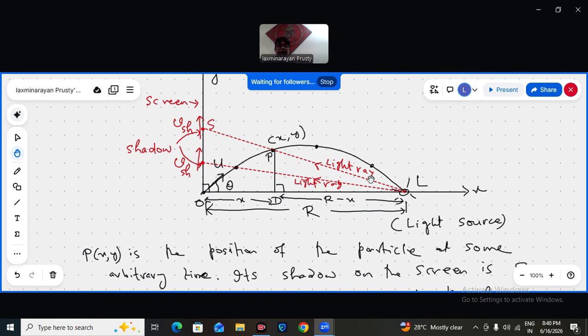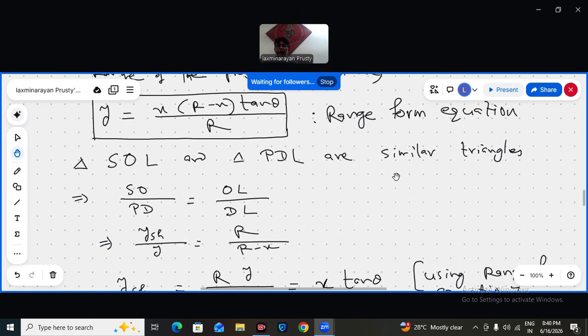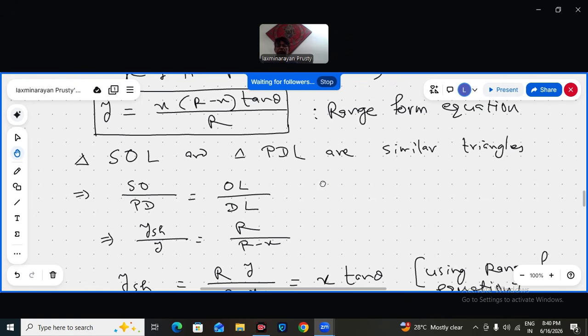They have a common angle theta. Since the two triangles PDL and SOL have a common angle and a 90 degree angle each, the third angle will be equal. The three angles are the same, so they are similar triangles from basics of geometry.